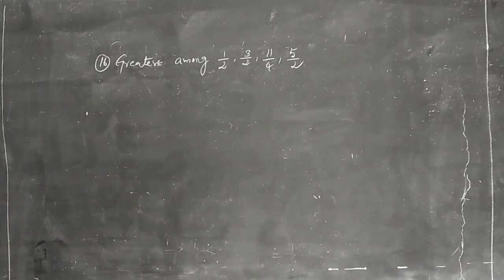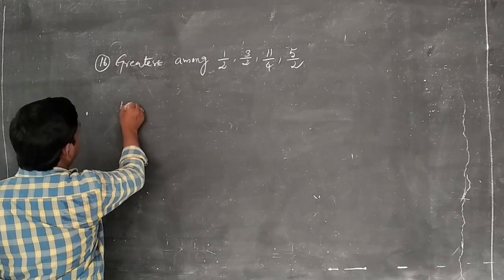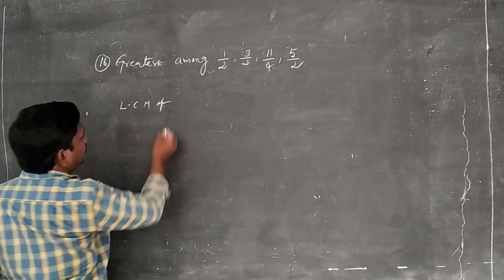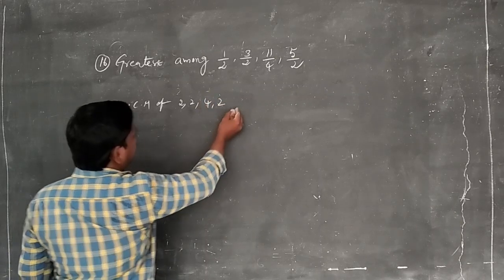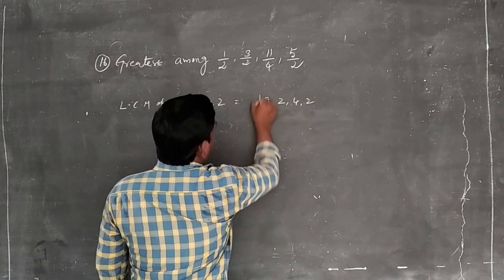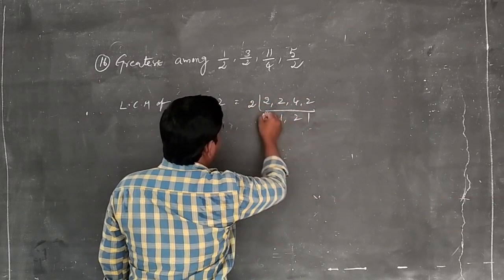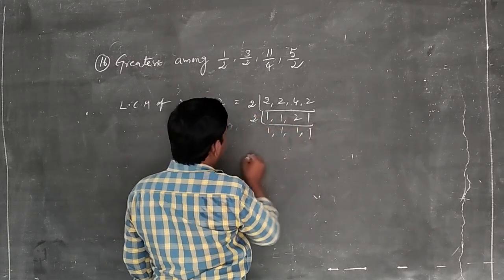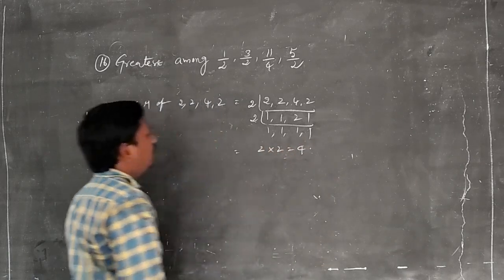So first of all, the LCM of 2, comma 2, comma 4, comma 2. Take the LCM. 2 table, 1 time, 1 time, 2 times and 1 time. Again 2 table, 1, 1, 1 and 1. So LCM is 2 into 2 equals 4. What is the LCM? 4.